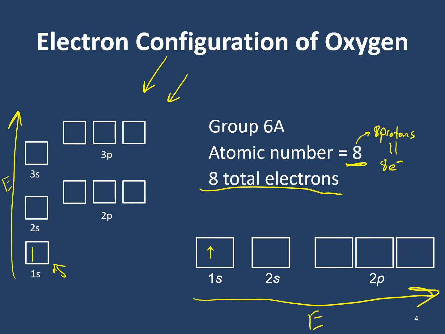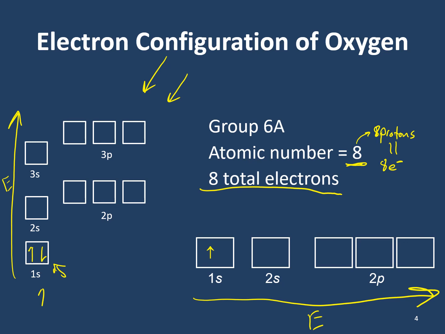Now, when we draw on this diagram, we use half-headed arrows as our representation of an electron. So when we do the up arrow, that's 1 electron with a spin up. And the next electron we're going to put in here has to be another half-headed arrow, but the opposite direction as its predecessor.